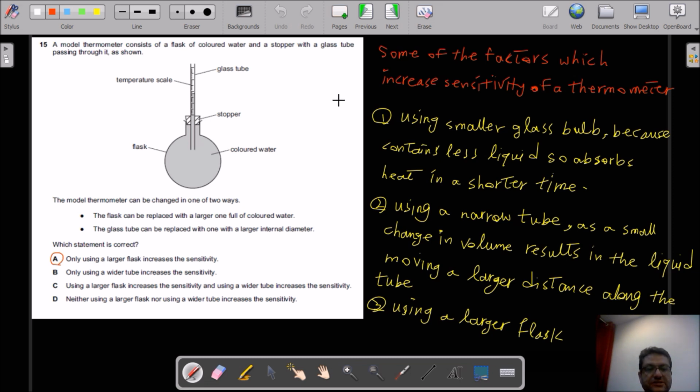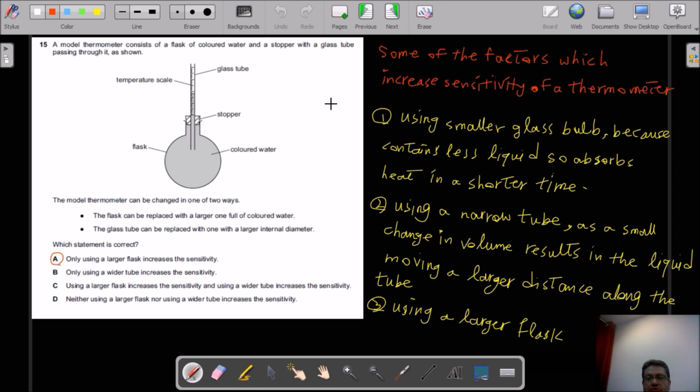Which statement is correct? Okay, first of all, I would like to explain some factors which increase the sensitivity of a thermometer. Number one, using a smaller glass bulb, because it contains less liquid, so it absorbs heat in a shorter time.